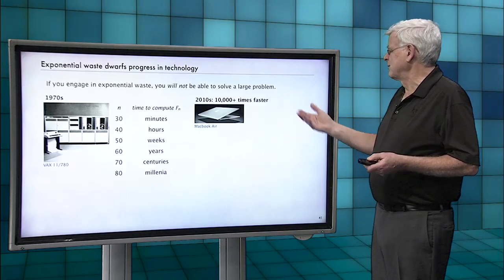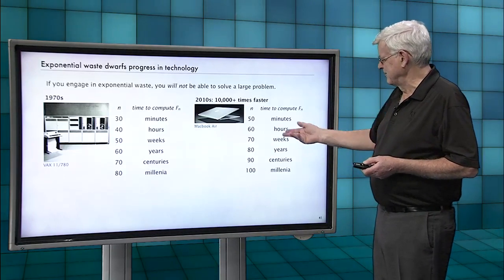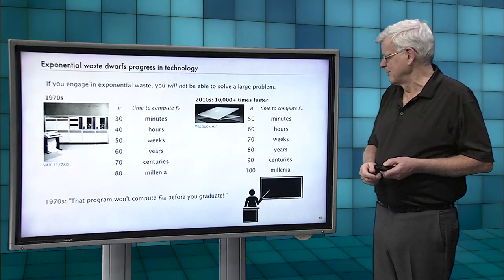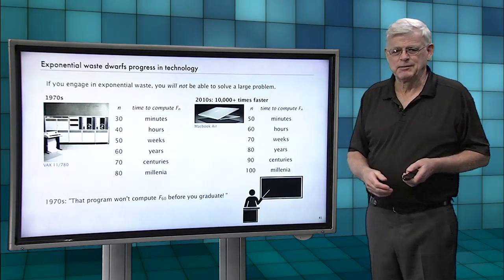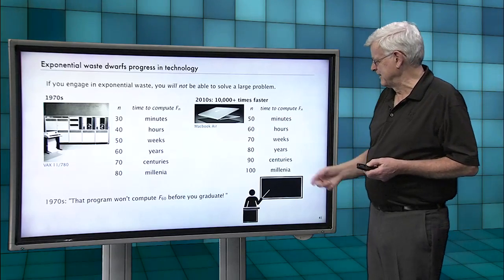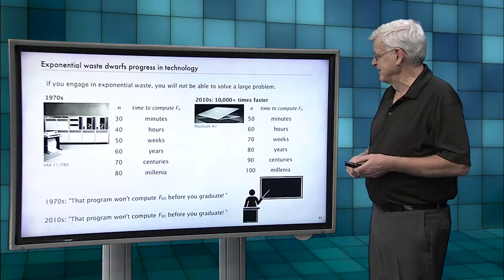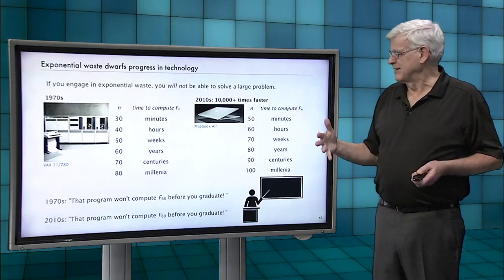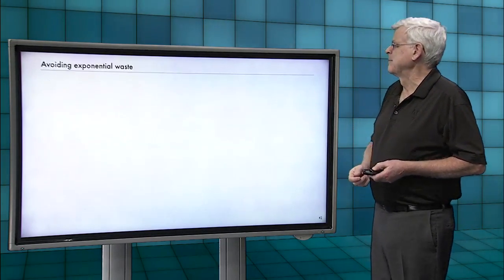But nowadays, even though we have a machine that's 10,000 times faster, it just means that we can get a little bit further. So we used to say in the 70s, that program's not going to compute f of 60 before you graduate. Now we just say it's not going to compute f of 80 before you graduate. So the point is, you don't want to engage in exponential waste.